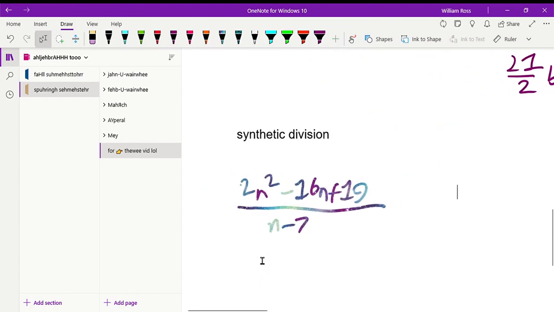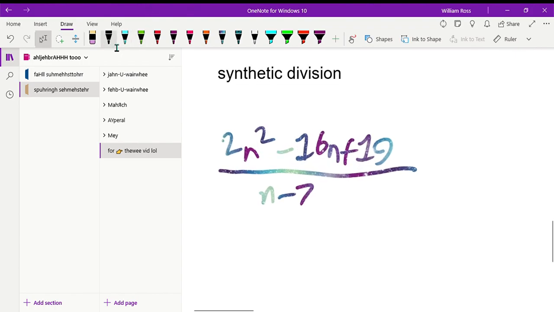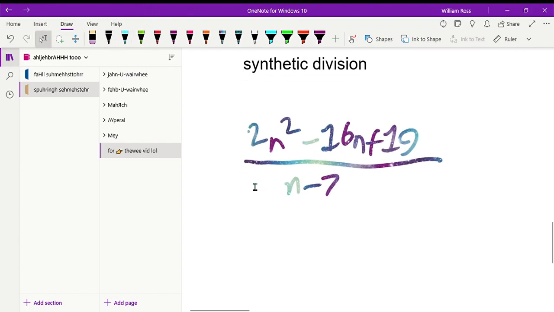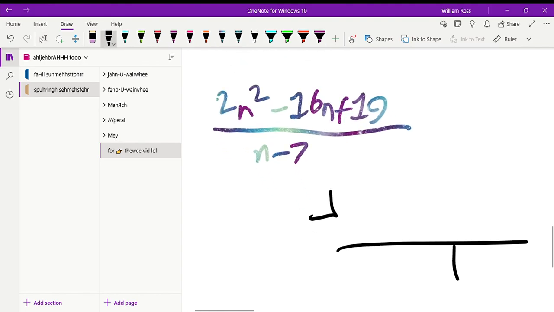All right. Now, let me just lay it out. So this is the layout. Actually, let me move one to the side. So this is what the layout looks like. So what we'll put in here is the absolute value of b.